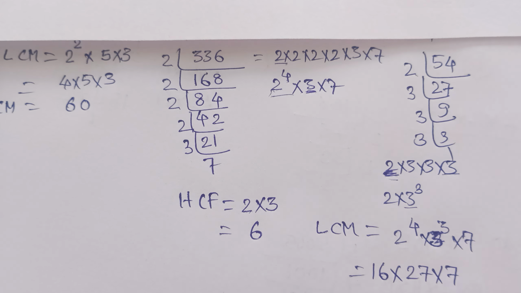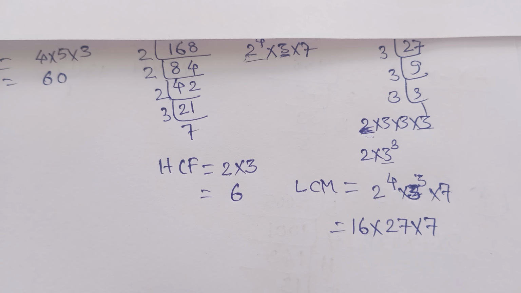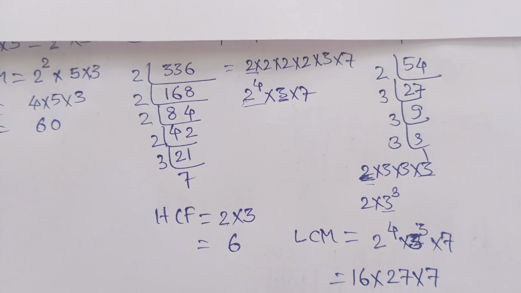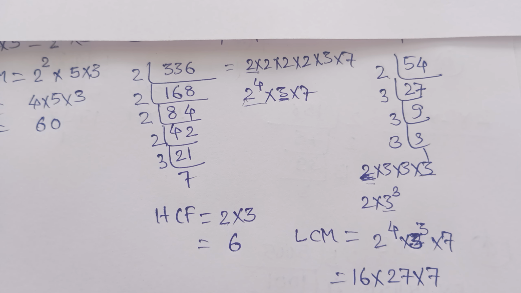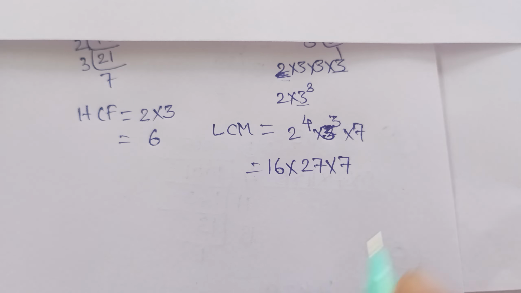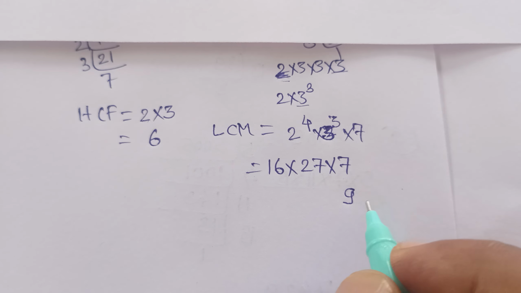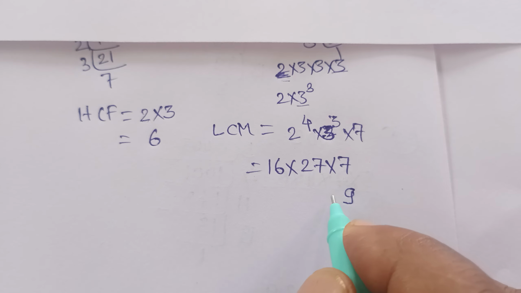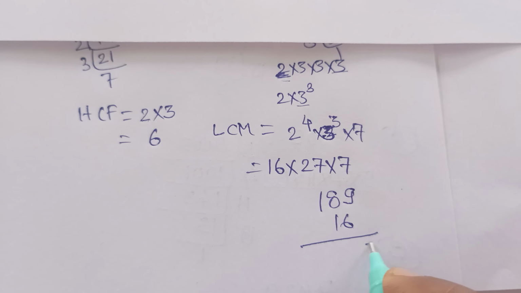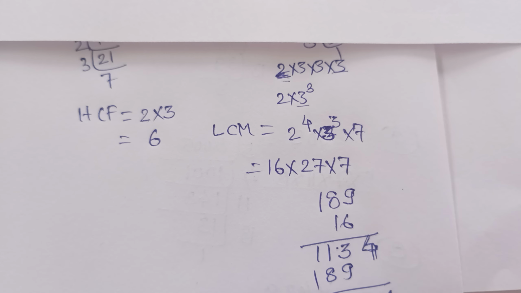If you multiply, what answer will you get? 7 sevens are 49, 4 sevens are 28... carrying, 189, into 16, you do, then 6 nines are 54, 6 eights are 48 and 5, 53... so you get 3024.